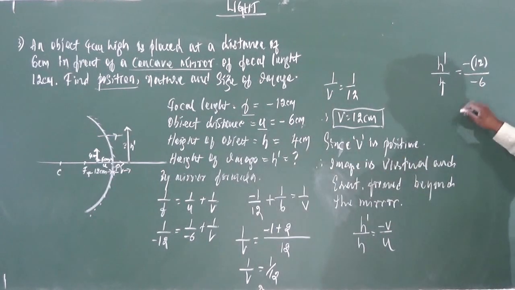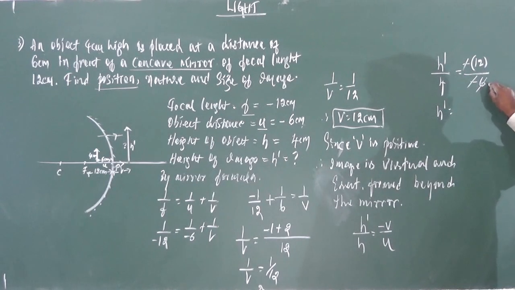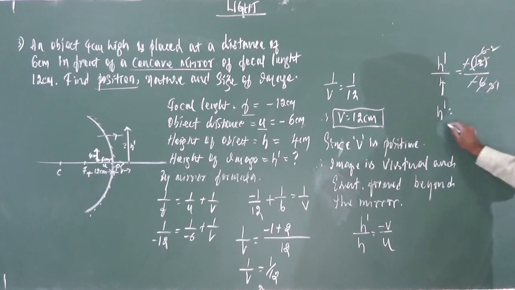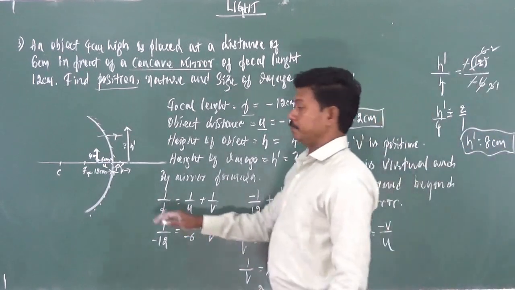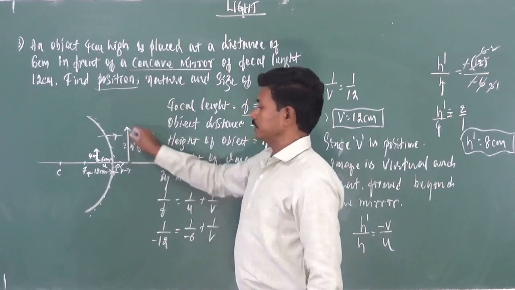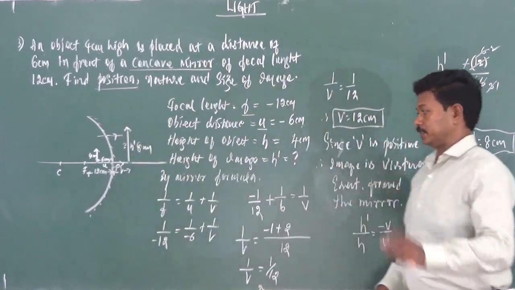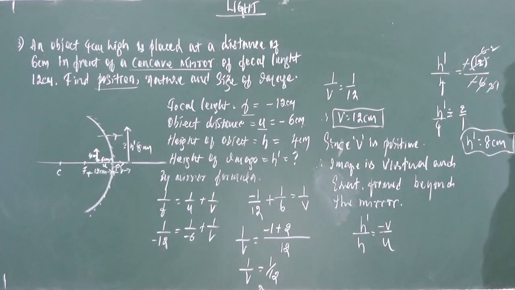The minus signs cancel. 2 3s are 6, so it reduces to 2 by 1. So h dash is equal to 4 into 2, that is 8 centimeters. So the image formed behind the mirror is 8 centimeters high. It is virtual and erect. This is again for 3 marks. Very important.